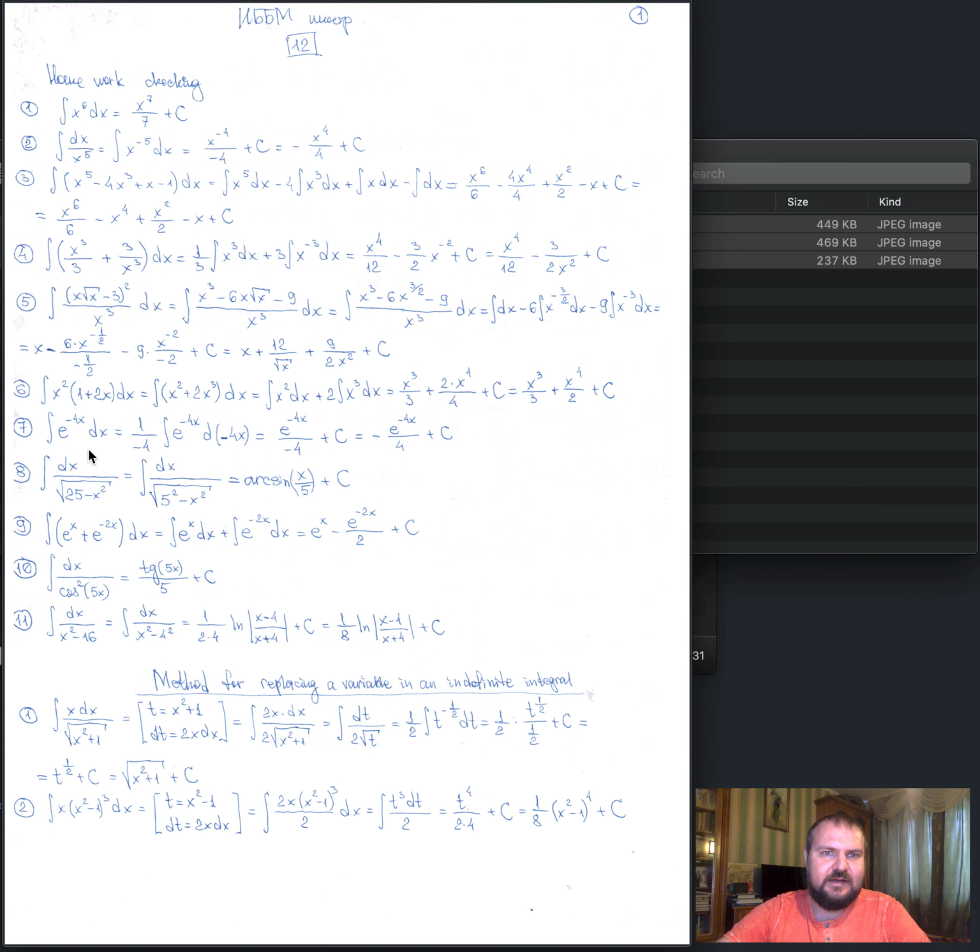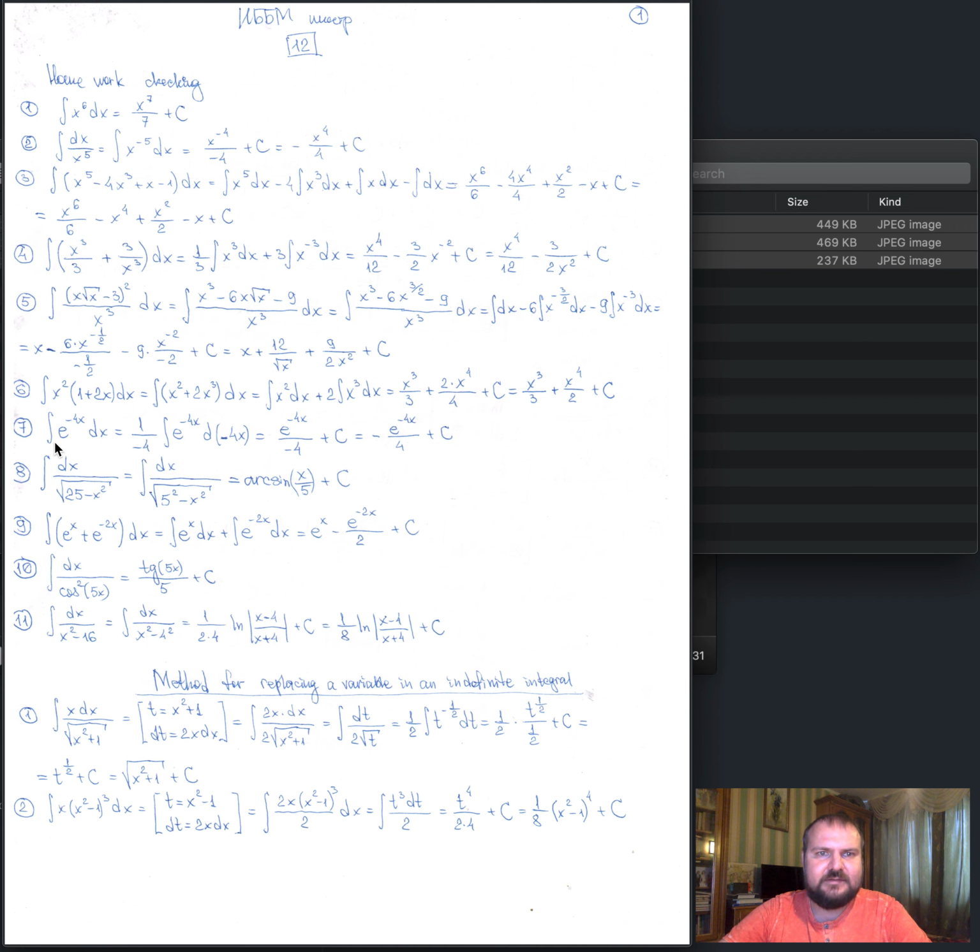And we get the answer: the first x minus 6 x in power minus 1/2 divided by minus 1/2 minus 9 x in the power minus 2 divided by minus 2 plus constant, and we rewrite it in the normal form: x plus 12 divided by square root of x plus 9 divided by 2x in square plus constant.